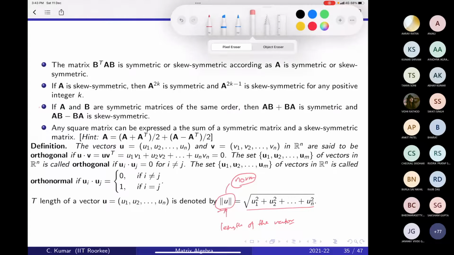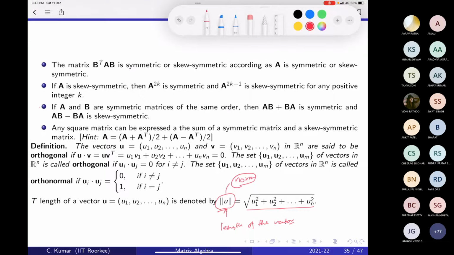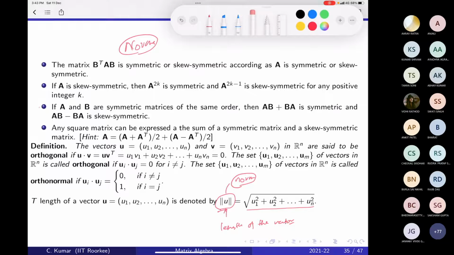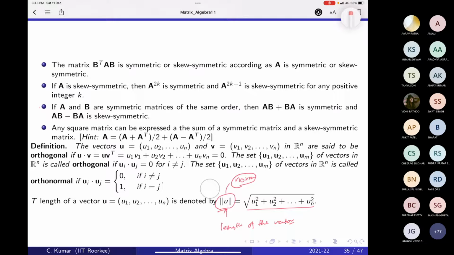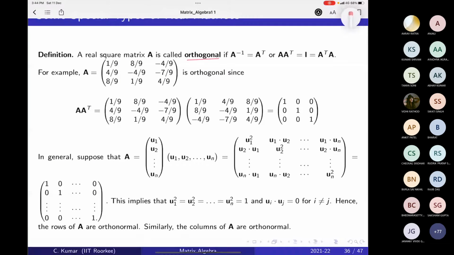Norm means you have to take a course on higher mathematics, then you will know what a norm is. So just consider this as the length of the vector.